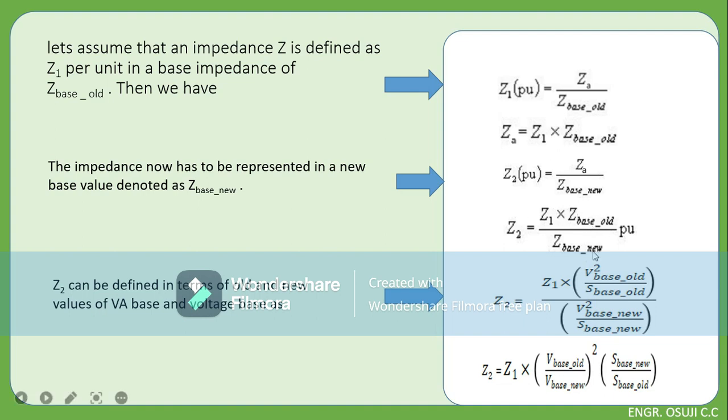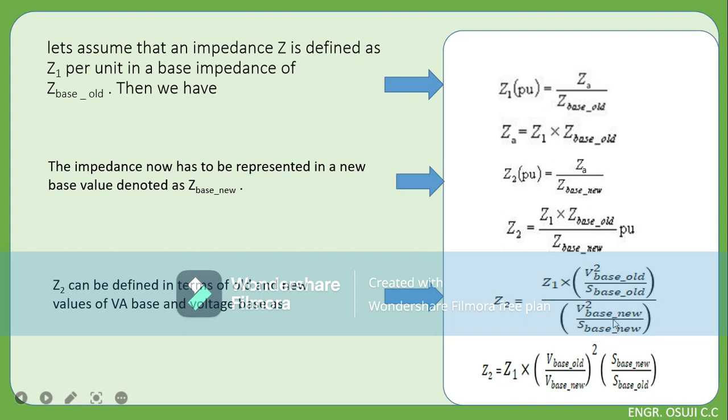So our old base will be given as V squared base old all over what? The S base old. So this we have it also divided by, in place of Z base new, we substitute the V squared base new all over S base new, and you can see that that's what we have. So if you do your mathematical analysis, this will become inverse. This will be multiplied by the inverse of this.